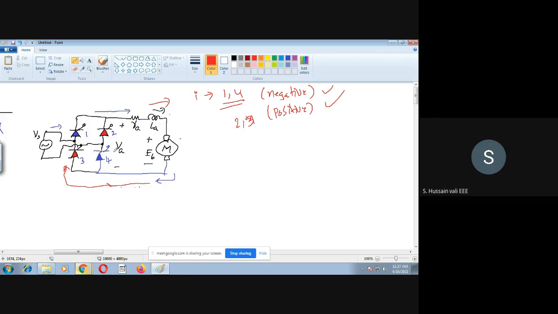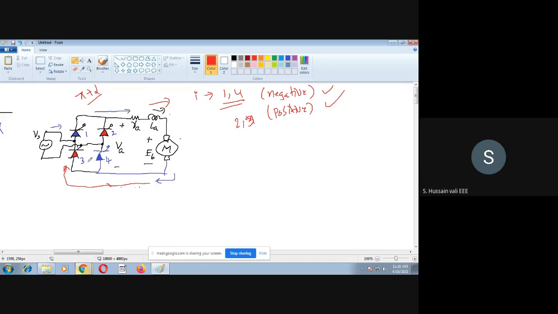Why is it so? Because at that instant, that is at pi plus alpha, the voltage across 2 and across 3 is a positive voltage. Whereas across 1 and 4, the anode of 1 is at a negative voltage, and similarly the anode of 4 is negative.